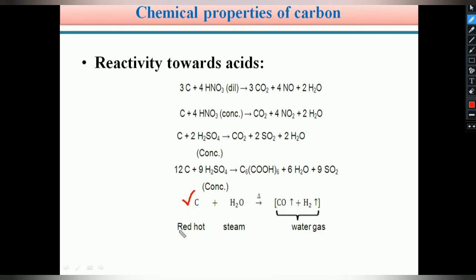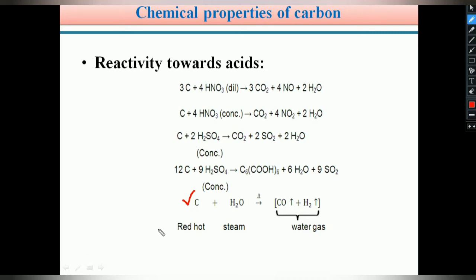But tin forms the corresponding oxide, and lead partially reacts with water, forming a monoxide layer around the lead metal. Inside, the lead does not react with water because a protective oxide layer is formed around it.